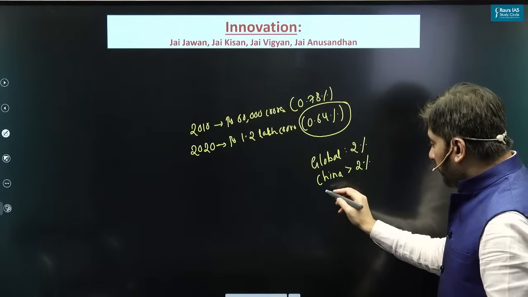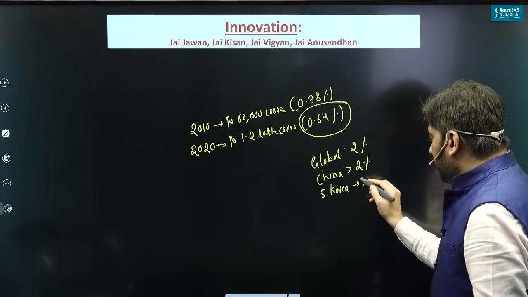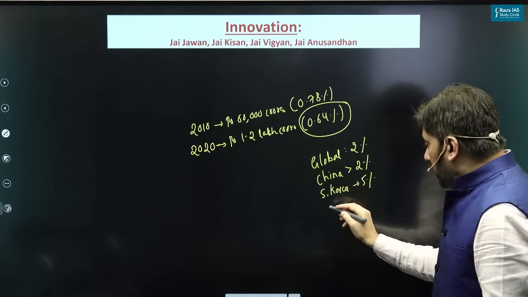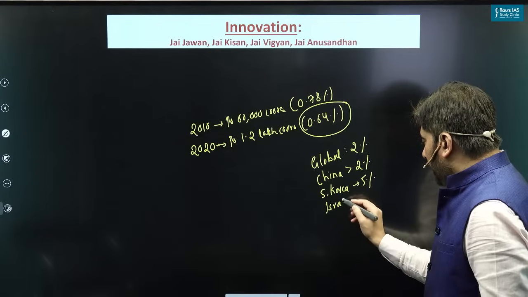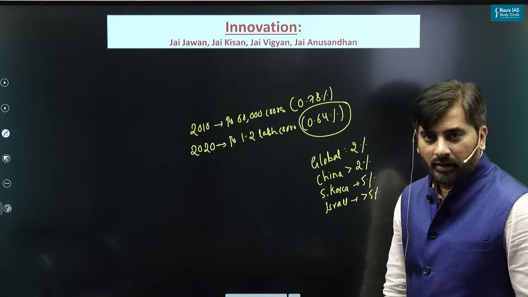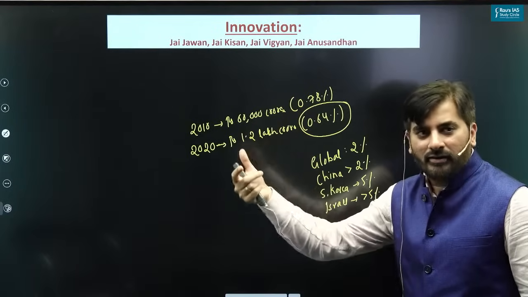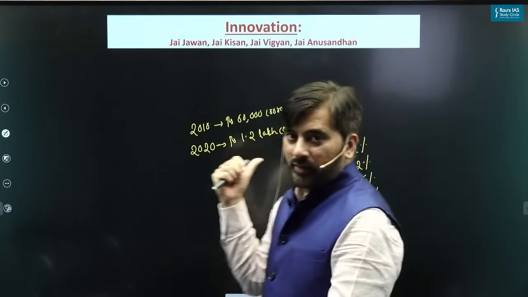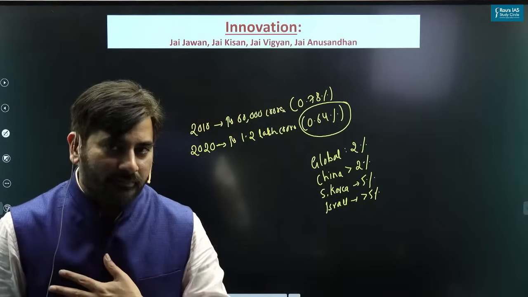Same way, South Korea is spending somewhere around 5% of its GDP. Israel is spending more than 5% of its GDP on research and development, which clearly shows that India is significantly underspending on research and development. This is what we have to do, improve the overall research and development, right?